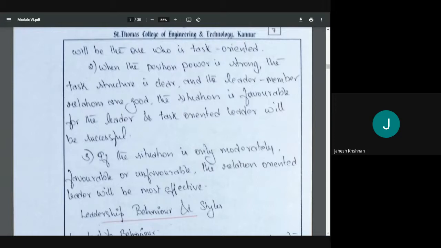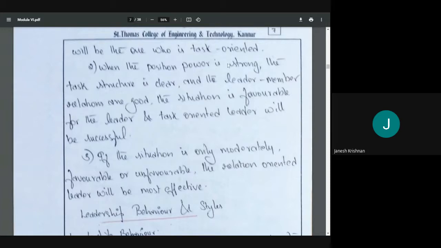If the scenario is moderately favorable or unfavorable, that is in between, then a more relation-oriented leadership style will be more suitable. So that was about the contingency approach, or dimensions of leadership, and Fiedler's study. The question might come up in any format. Clear? Right. So we'll move on to the next topic.